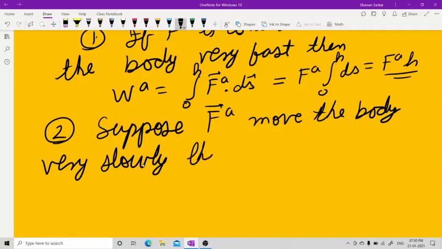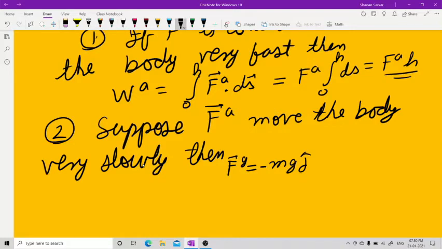Then F gravitational would be minus mg j cap.